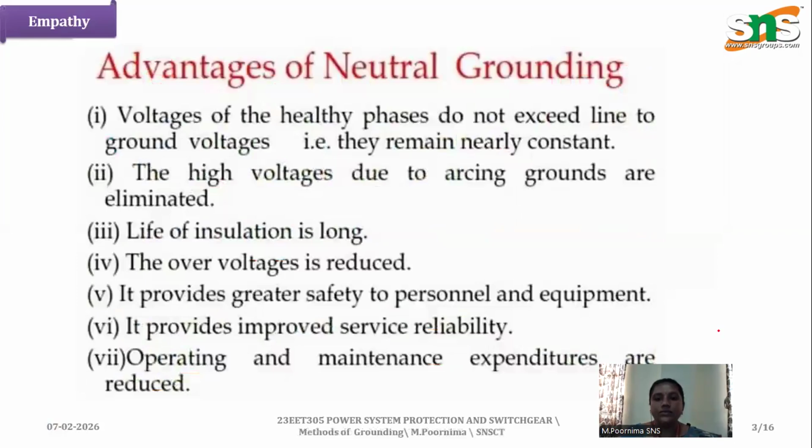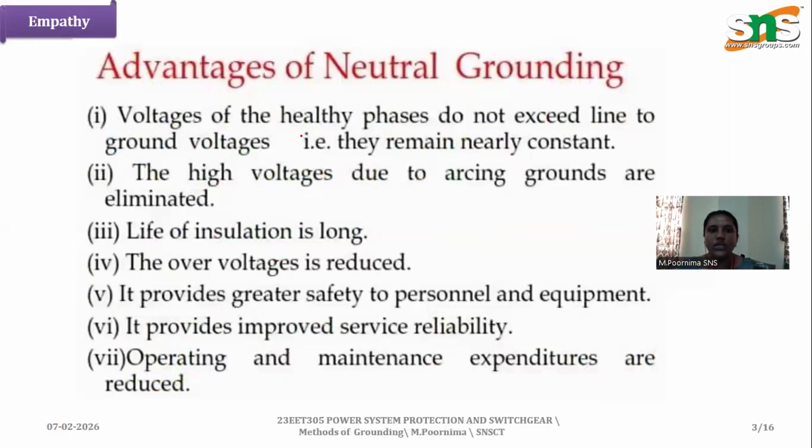Coming to the advantages of neutral grounding: the voltage of the healthy phases does not exceed the line to ground voltage. They remain nearly constant. The high voltages due to arcing grounds are eliminated. When arcing ground occurs, the voltage suddenly increases, so that is eliminated.